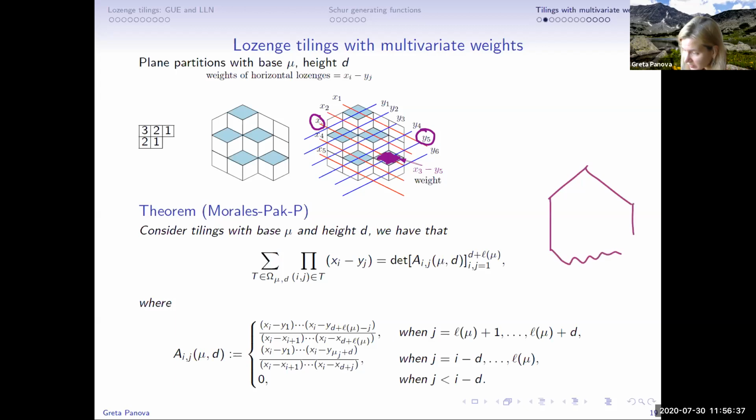So base mu is gonna be at the bottom, there is gonna be some shape mu, and the height is going to be d, and then we are gonna look at lozenge tilings parameterized this way. So this is different from what we were showing earlier. And now these lozenge tilings will have particular weights xi minus yj. So here is j, and the weight is xi minus yj.